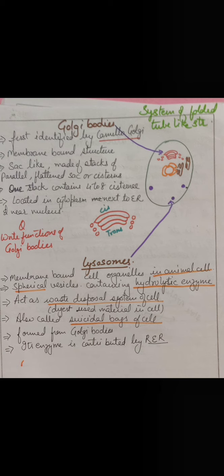The lysosome, which is also one of the organelles present in the cell, is also made with the help of Golgi bodies. These are certain functions, so you will remember only those given in the book: modification and packaging, transporting the material, complex sugar is made, and lysosome formation. These all are done by the Golgi bodies.